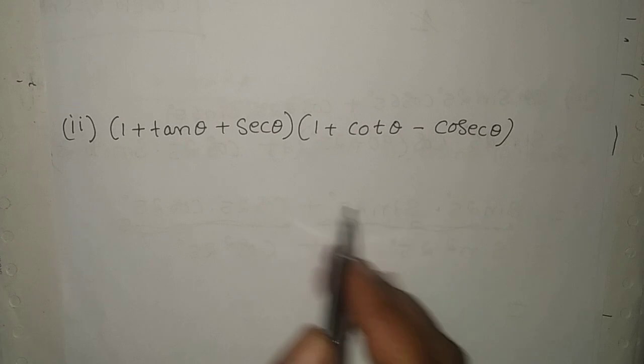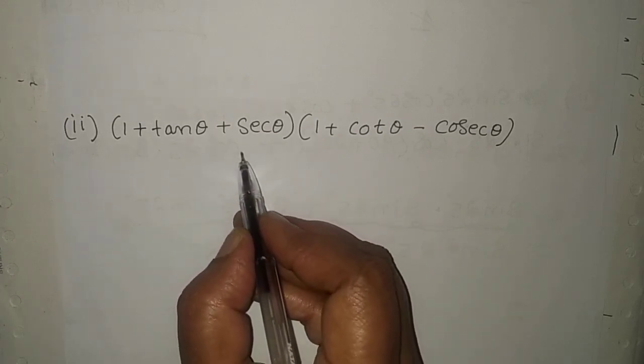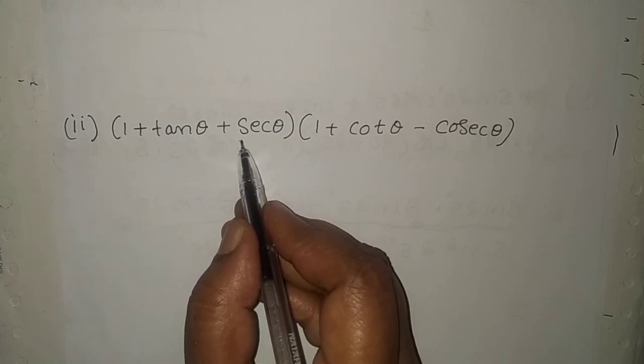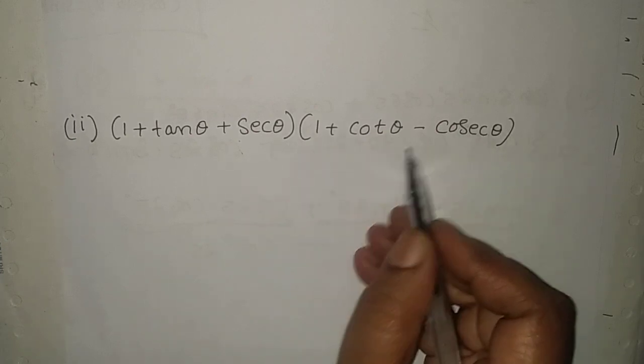Now next, second one: 1 plus tan theta plus secant theta divided by 1 plus cot theta minus cosecant theta.